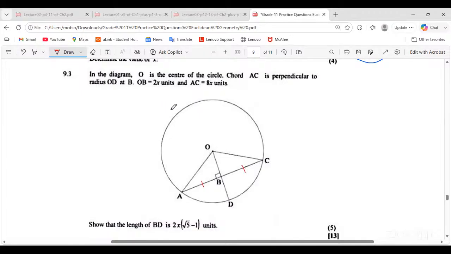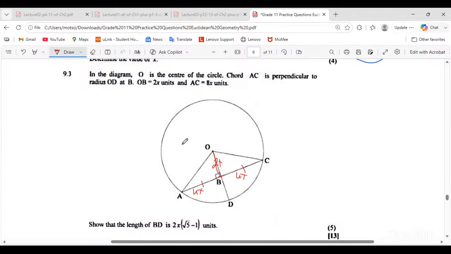OB is 2x units, this is OB, this part here. And AC is 8 units, meaning AB is 4x, BC is also 4x, so that when we add the two, it will give us 8. So this is a bisector. It divides that into 2 equal parts.